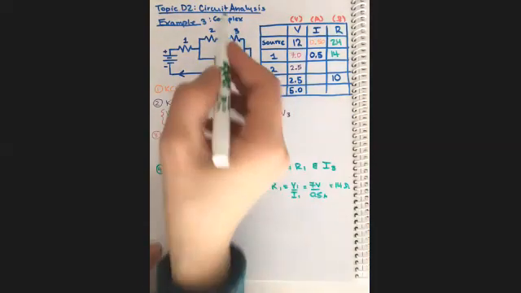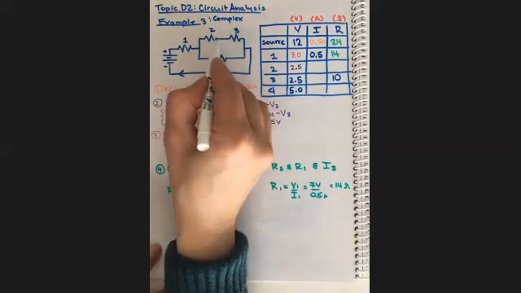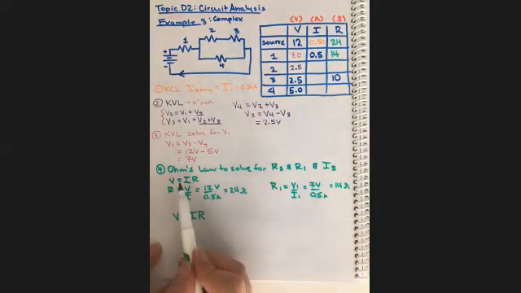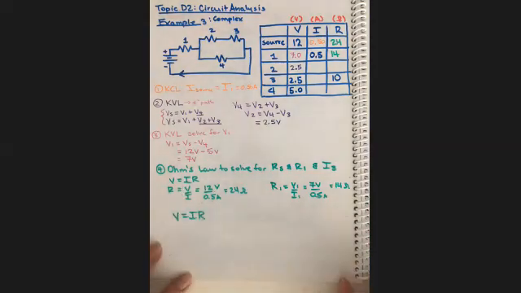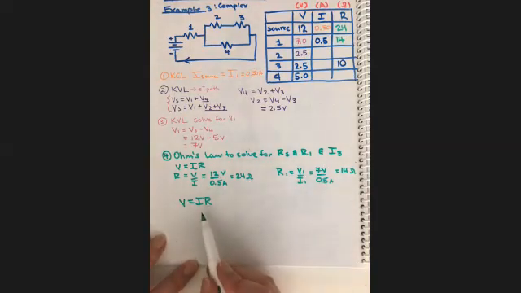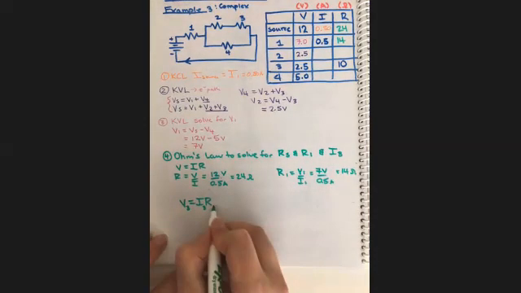If we know the current through I3, we'll find the current through I2 because they're the same. You don't have to write V equals IR every single time you apply Ohm's law, but here I'm just going to go back to the original because I don't want to make a mistake calculating I3.